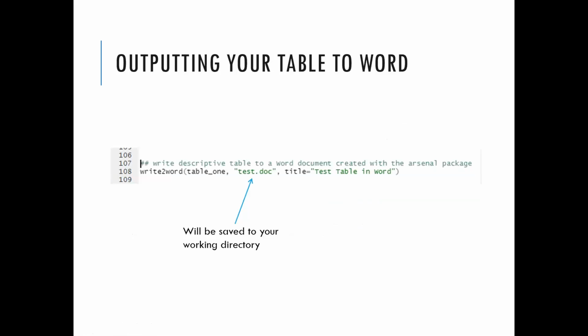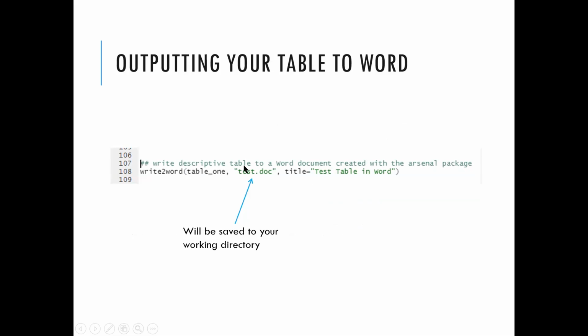The other thing was, if you remember, we also generated a table 1. I've also added this line of code where you can output that table, because it just shows up in your console, and if you try to copy and paste it into Word, it looks pretty awful. So you can actually output this table into a Word document using this function.